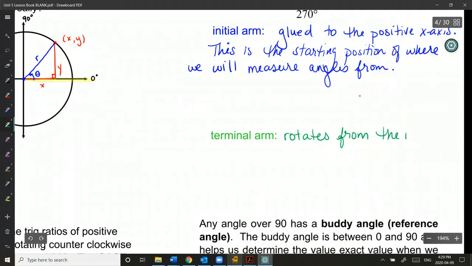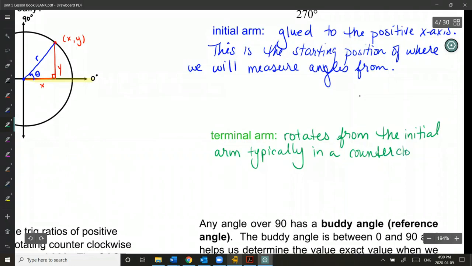So this rotates from the initial arm typically in a counterclockwise direction to measure some angle theta.